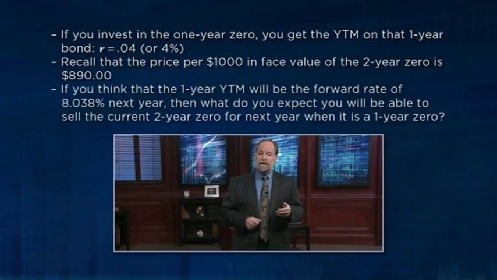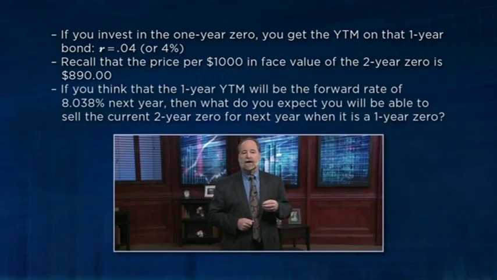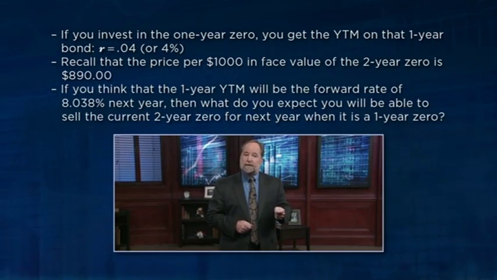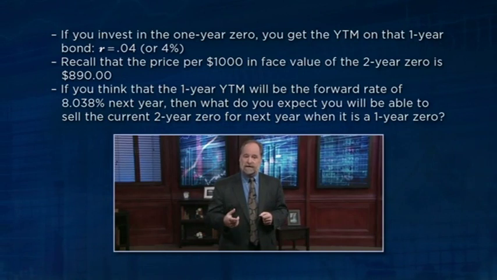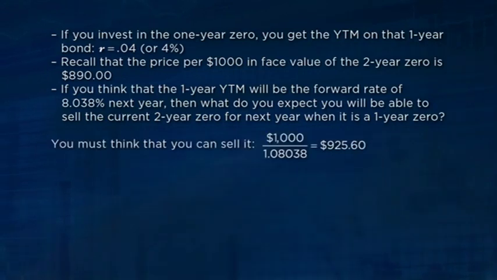If you think that the 1-year yield to maturity will be equal to the forward rate of 8.038% next year, then what do you expect you will be able to sell the current 2-year zero for next year when it's a 1-year zero? You must think you should be able to sell it for what? 1,000 divided by 1 plus the 1-year rate next year, which you think is going to be 8.038%.